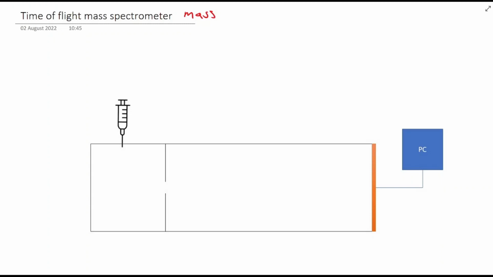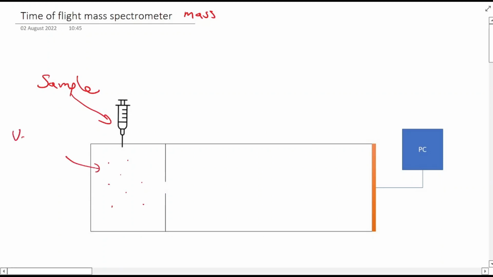It all starts in this process here where we've got a sample, something we want to investigate. We want to find out the relative molecular mass of this sample. What we're going to do is it's going to be injected into this first area of the mass spectrometer, and in here it is going to evaporate and become vaporized.